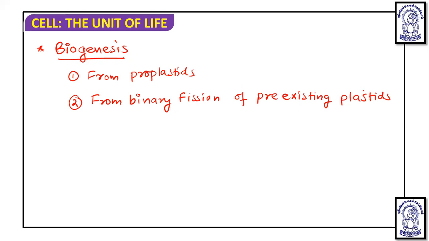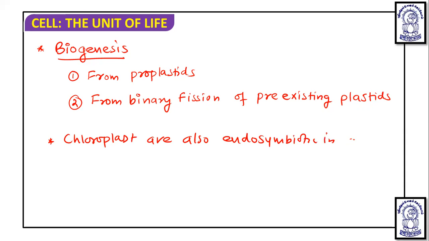So the pre-existing chloroplast can divide and form a new chloroplast. And obviously, the chloroplast is also endosymbiotic in origin, like mitochondria, because it has its own DNA, its own RNA, its own proteins, its own enzymes, its own ribosomes.